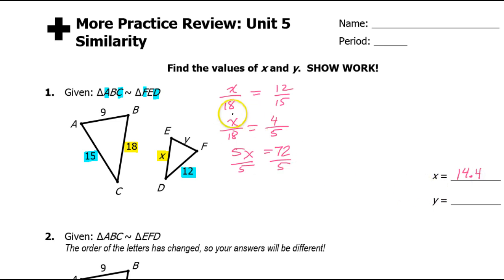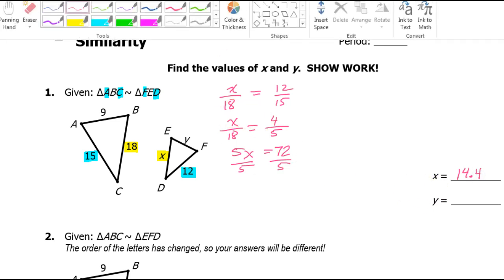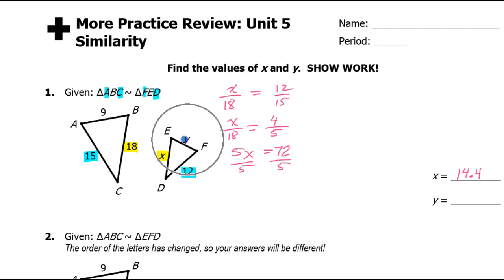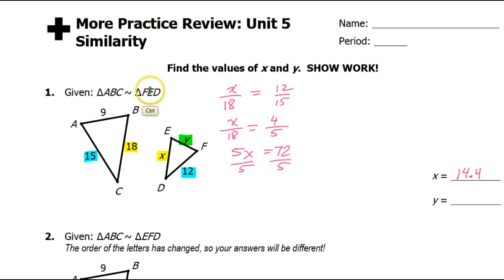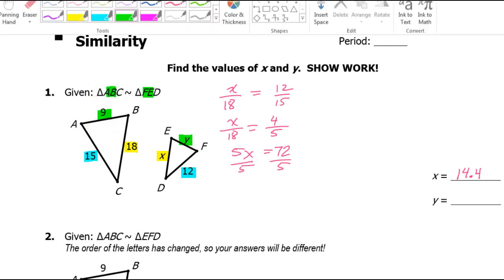Now let us find y. Okay, y, that's EF. So EF is going to correspond with AB. So those go together.